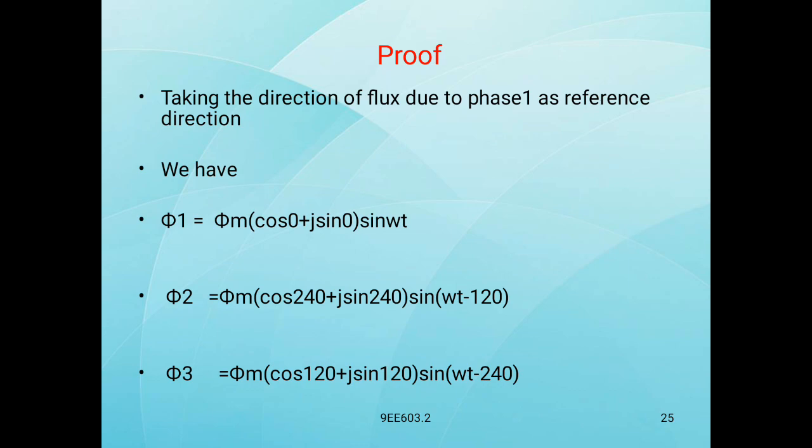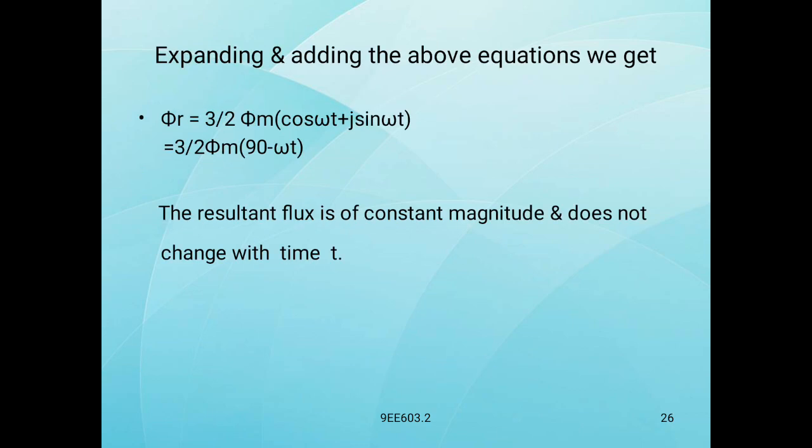Proof: taking the direction of flux due to phase 1 as the reference direction, we have φ1 is equal to φm (cos 0 plus j sin 0) sin ωt, and φ2 is equal to φm (cos 240 plus j sin 240) sin(ωt minus 120). And φ3 is φm (cos 120 plus j sin 120) sin(ωt minus 240).